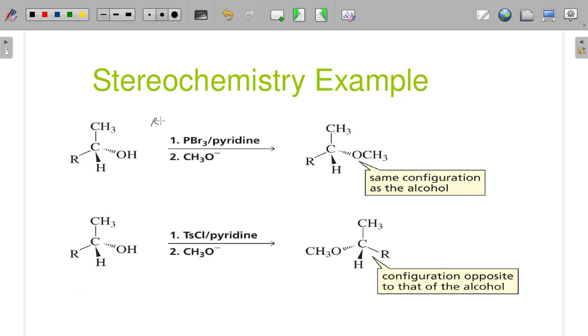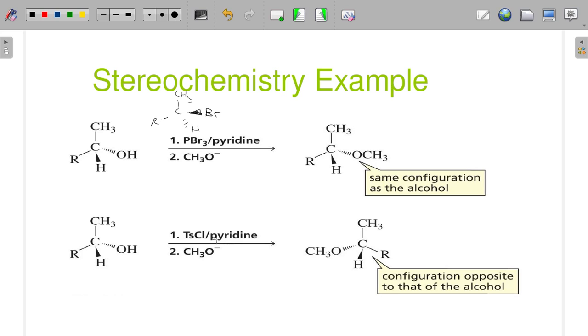So that if I leave everything on this exactly the same, we would get an inversion. So a Br would now be coming out at you. So we just inverted that center. And then the OH, or the OCH3, does a backside attack there, and we end up inverting it again. So the OCH3 is exactly the same place the OH was.